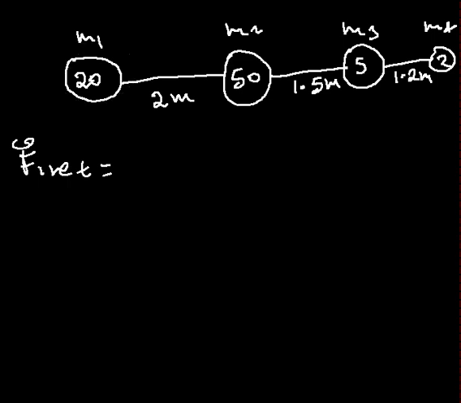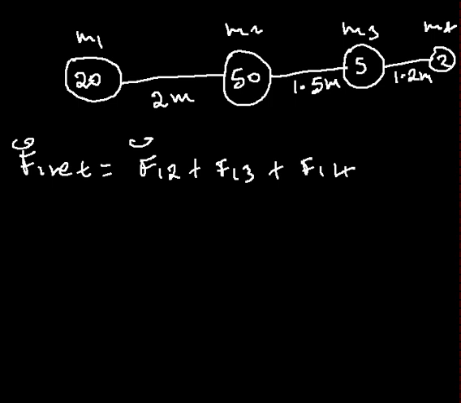So first thing, we should come up with the expressions F12, F13, and F14, and I wish to come up with the signs corresponding to the directions. So for this case, F12 will be positive, and F13 also positive, and this one also positive as well.